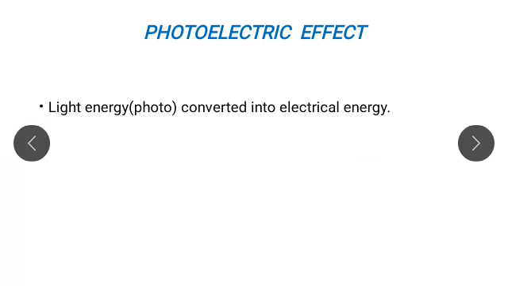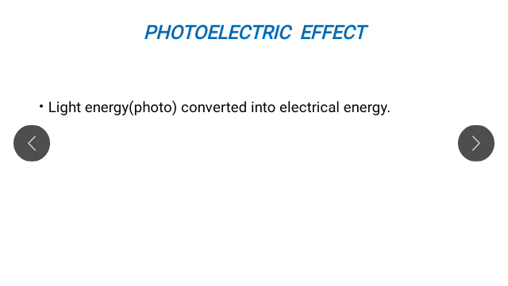We say that when light of suitable frequency is incident on a metallic surface, electrons are emitted from that metal surface, and this effect takes place under the influence of light, and therefore it is called the photoelectric effect.